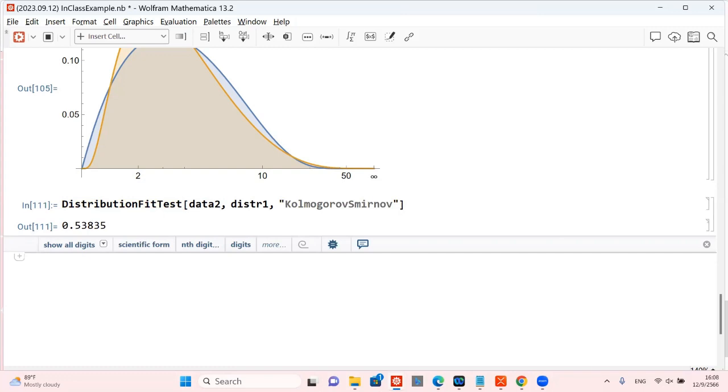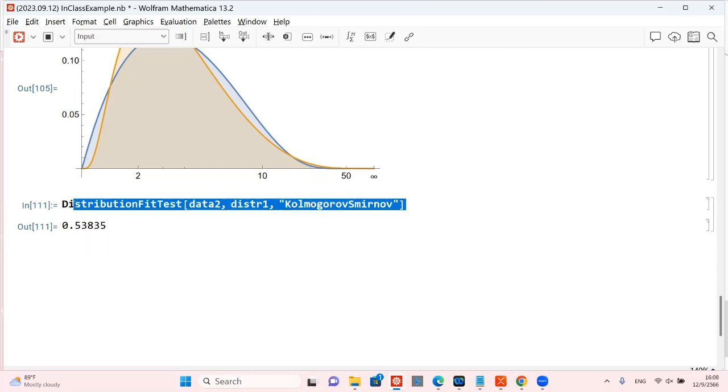What this p-value says is that there's a probability of 0.53 that this data, or something along that line, fits this distribution. But it has a little bit of an upper bound kind of thing.